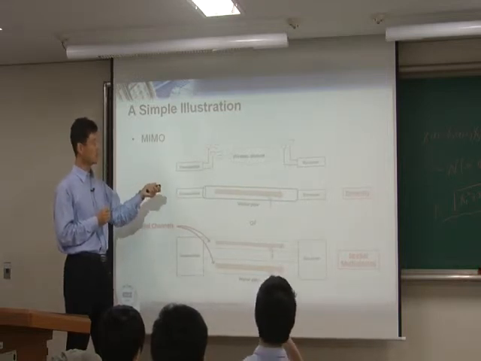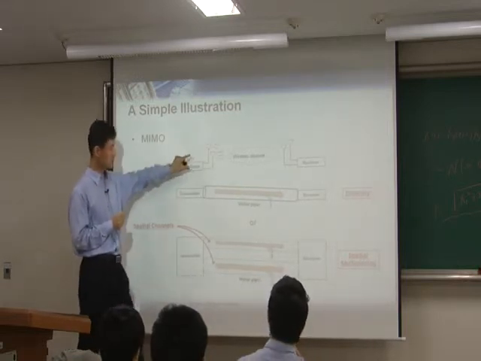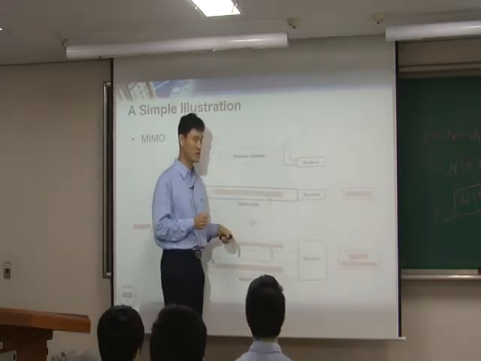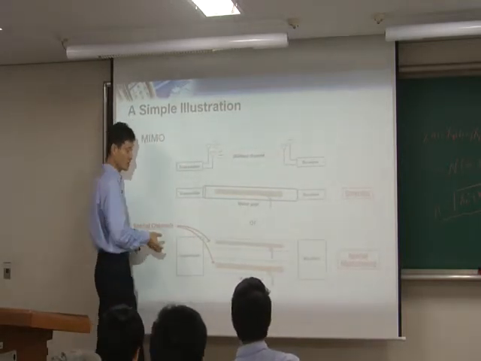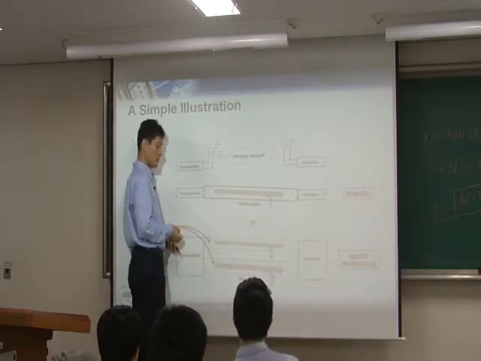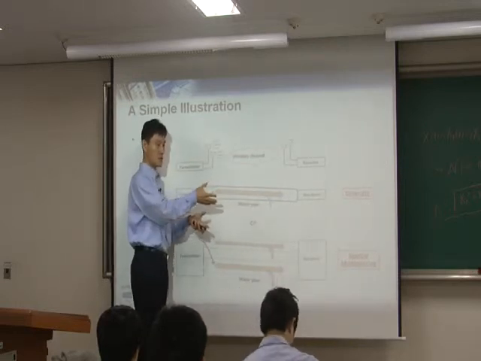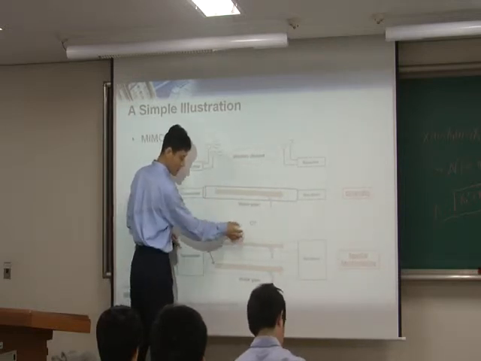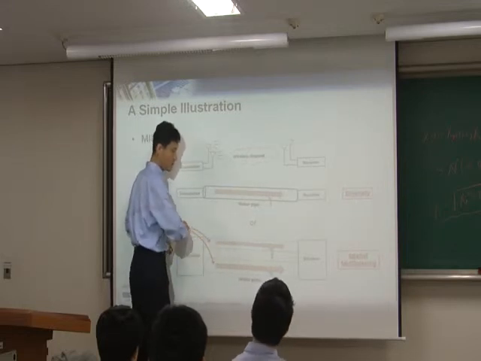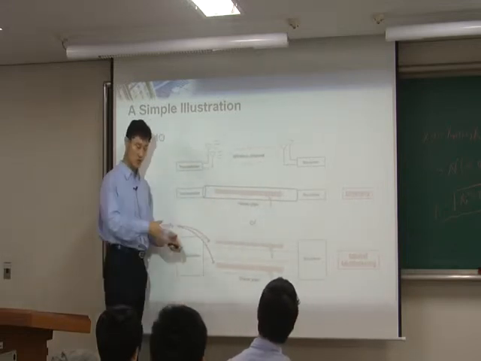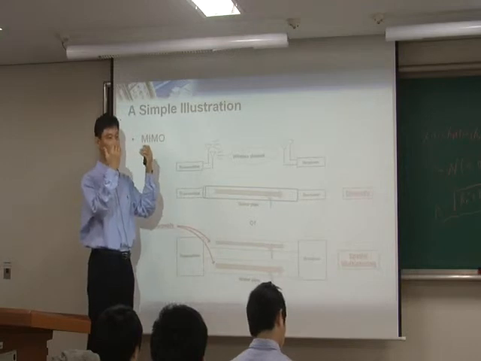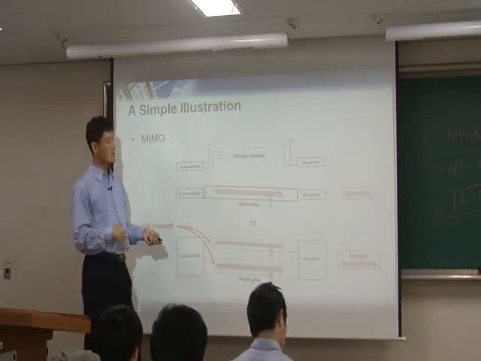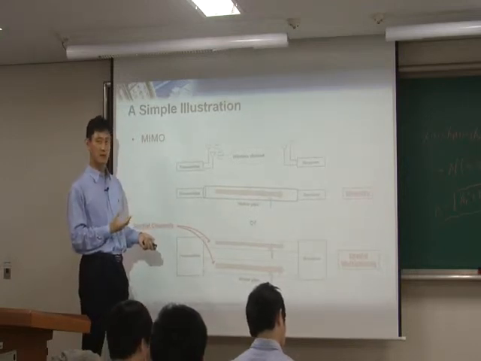By using two antennas at the transmitter and two antennas at the receiver, we can virtually make two independent pipes over which you can transmit the water. On one pipe here, another pipe here, I can transmit more water, right? Because I have two pipes, I can transmit more water at the same time. So this is another way of using multiple antennas.